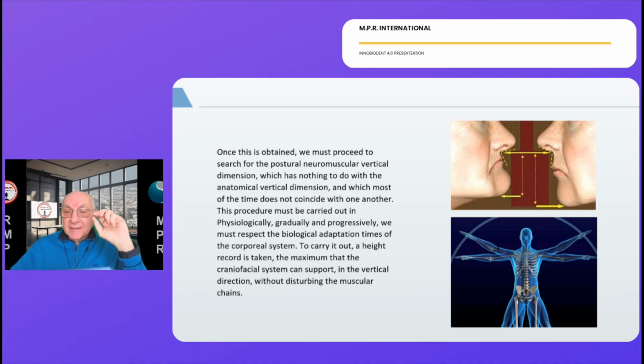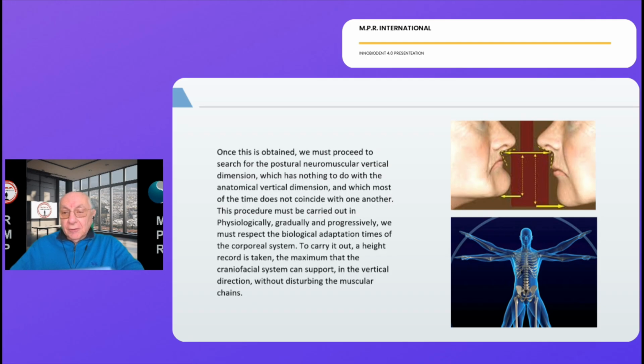Once the mandibular central relation has been achieved, we can proceed to the next critical step, the search for the postural neuromuscular vertical dimension. It is important to emphasize that this dimension is entirely different from the traditional anatomical vertical dimension, and in most cases, the two do not coincide.